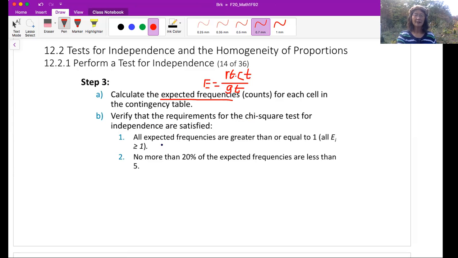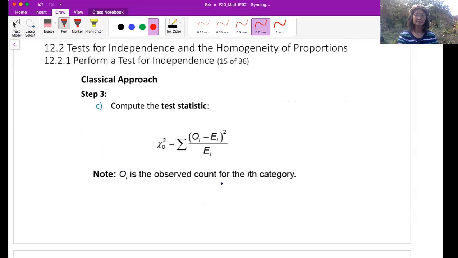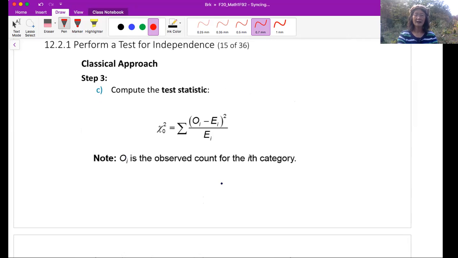And verify the requirements for the chi-square test are satisfied. One requirement says all expected frequencies are greater than or equal to 1. Second requirement, no more than 20% of the expected frequencies are less than 5. So now we can calculate the test statistic. Use observed minus expected, square it, divide by expected, and add them all. That is chi-square.